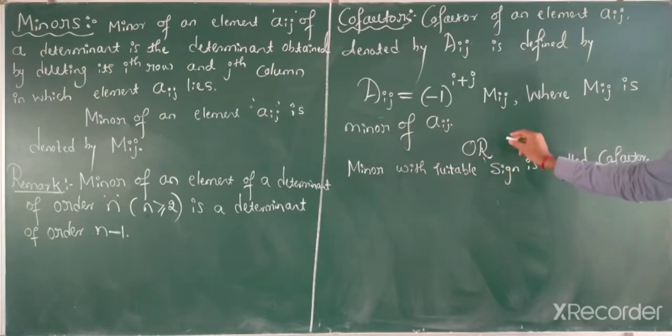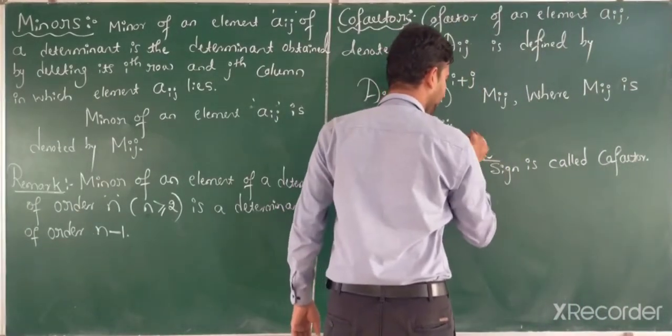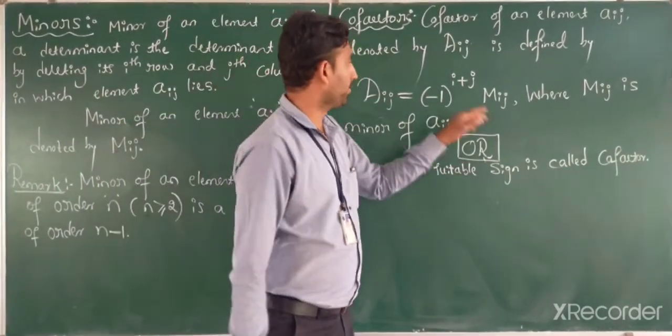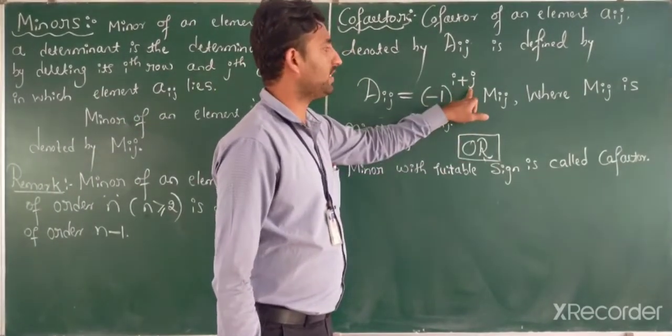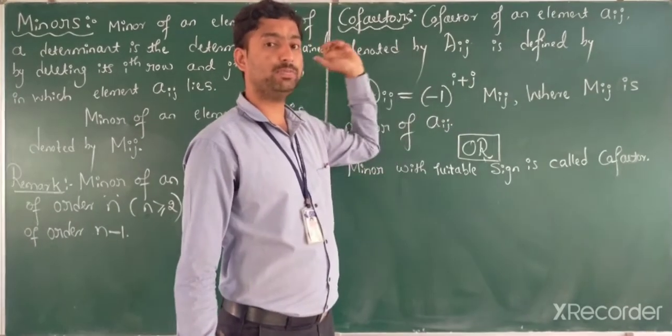One more definition you may take: minor with suitable sign is called cofactor.